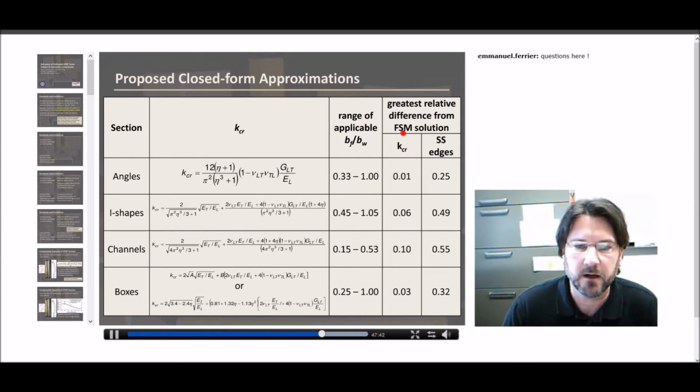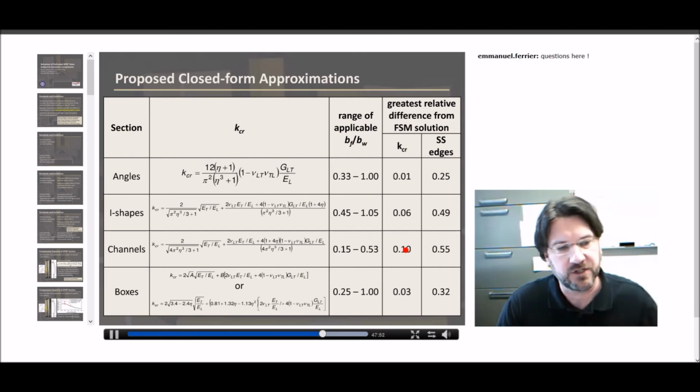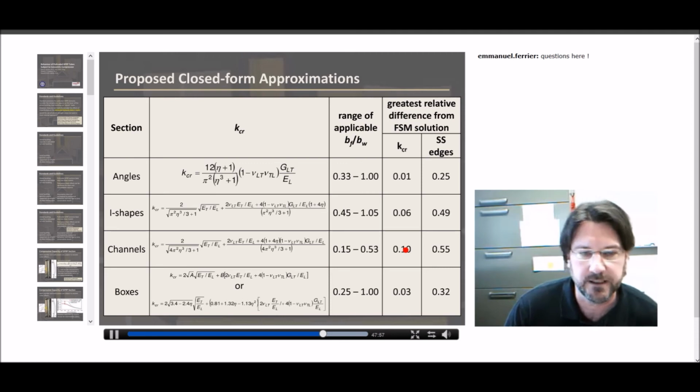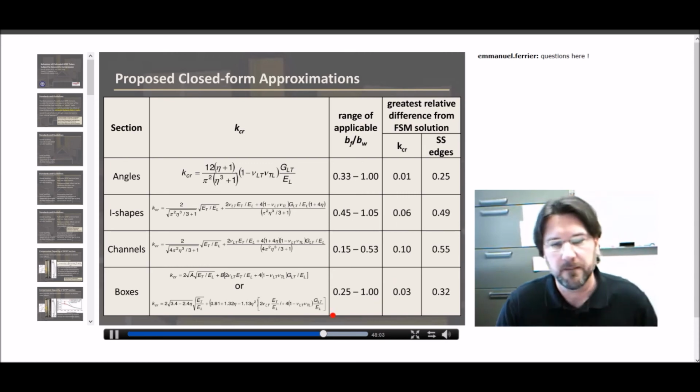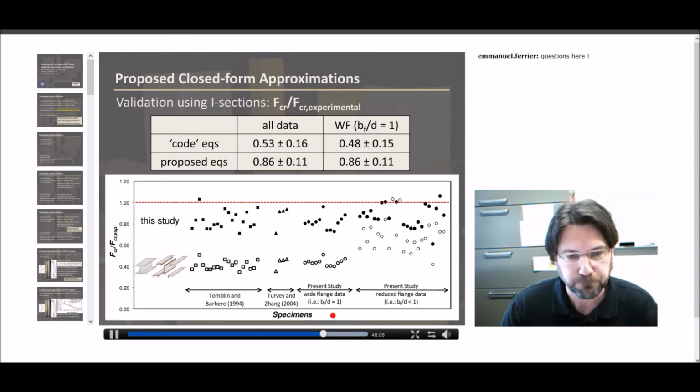If we compare our predictions to the finite strip method within this range of applicability, we see excellent agreement, 1%, 6%. A little bit worse for channels, 10%, because of course with channels we have the shear center outside of the cross-section, which raises some complications in the analysis, and 3% for boxes. So very good behavior, in our opinion.